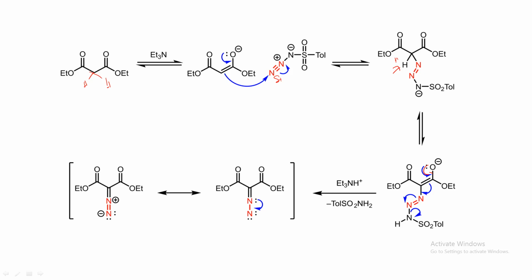So here you can see we are just disconnecting this nitrogen-nitrogen bond, basically nothing else. And here we are having this diazo species, which can be in any of these resonating forms. So this would be the preferred resonating form.